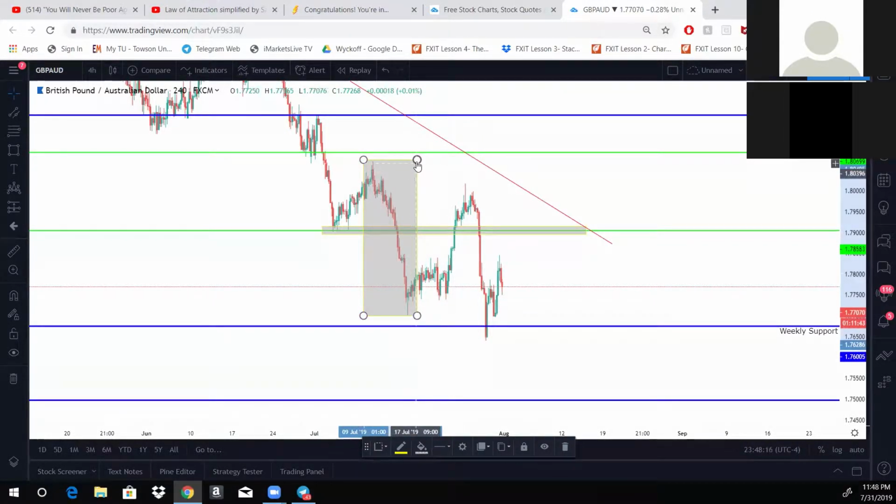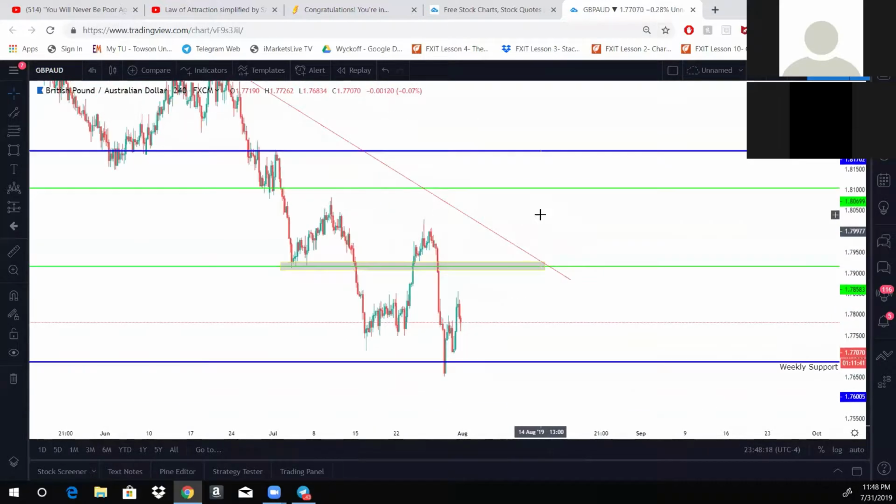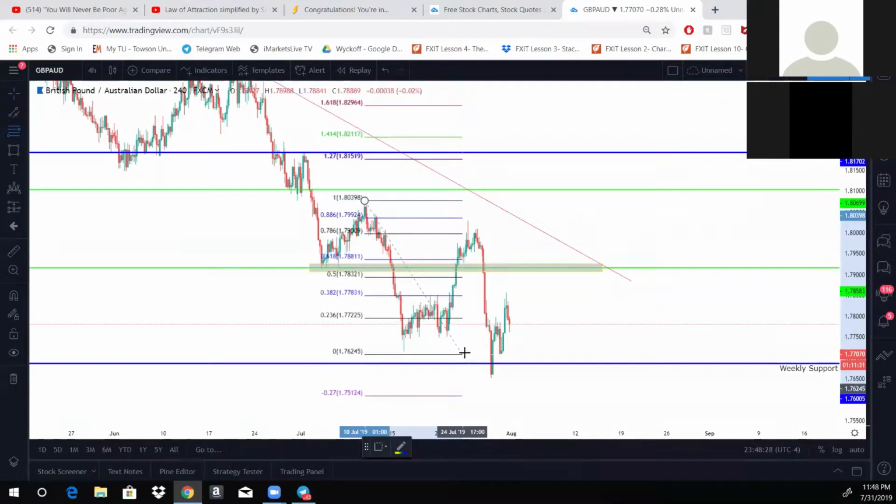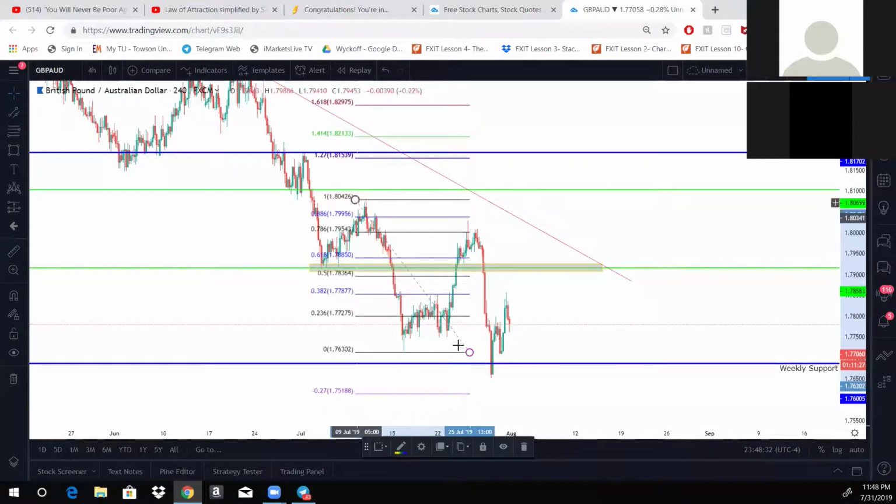All right, awesome. So when you see the impulse move, and you see where it stopped, this is where you measure the move. So from this level, because that is where it began, up to here, that's where it stopped, right? So that is what you measure then.